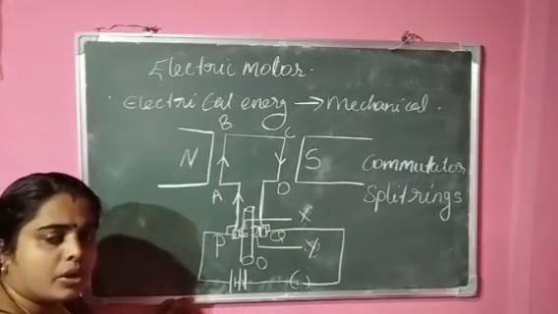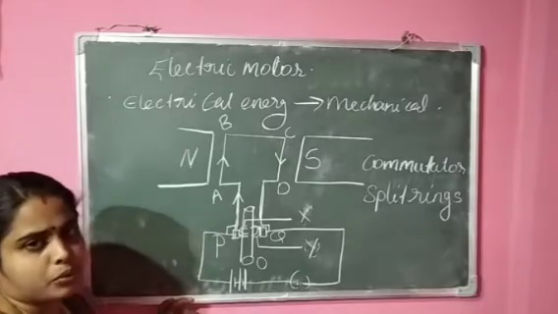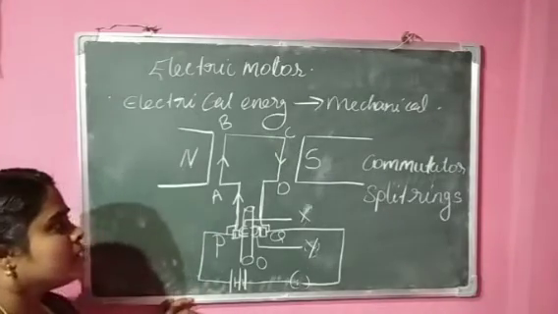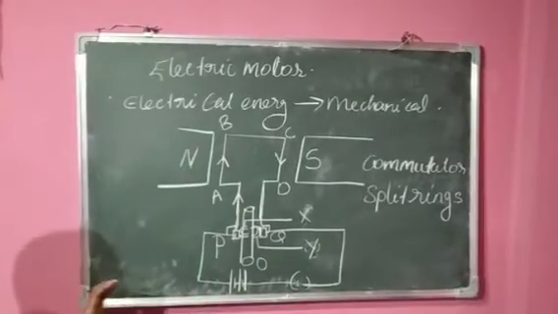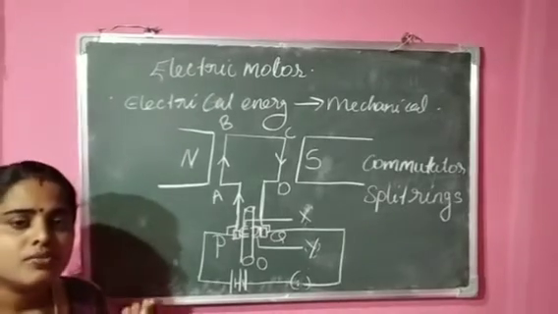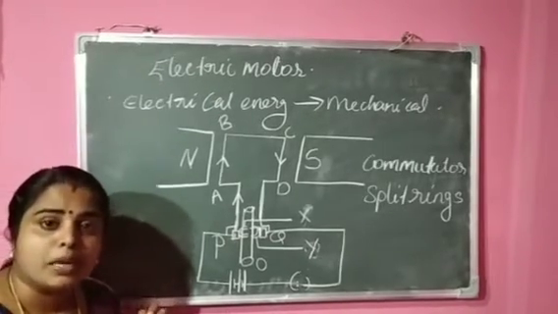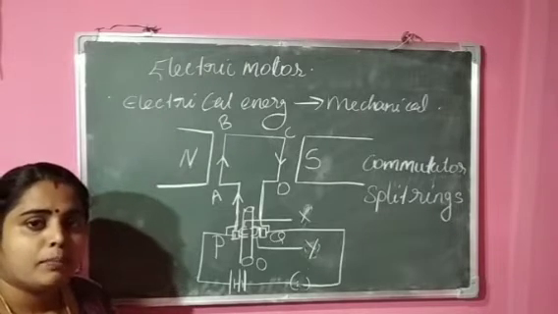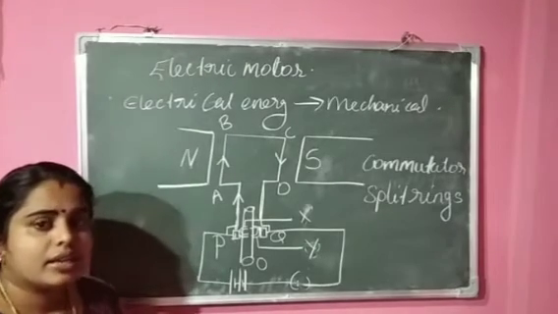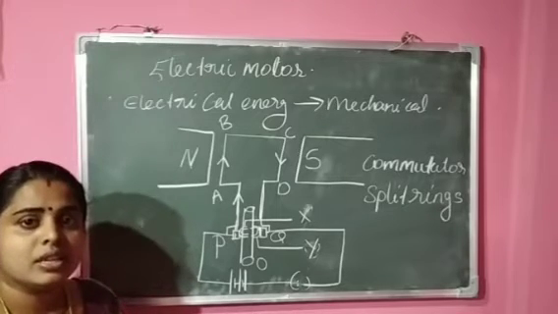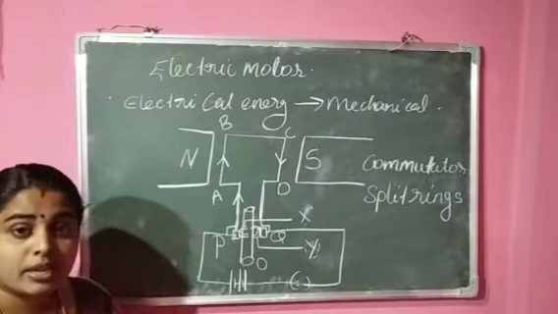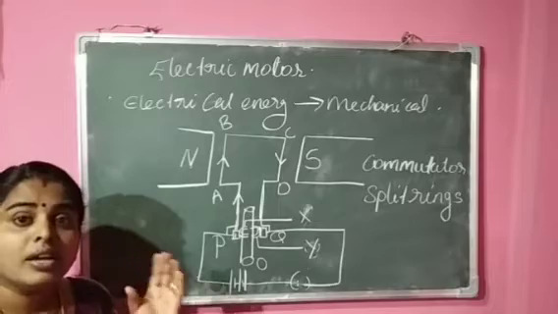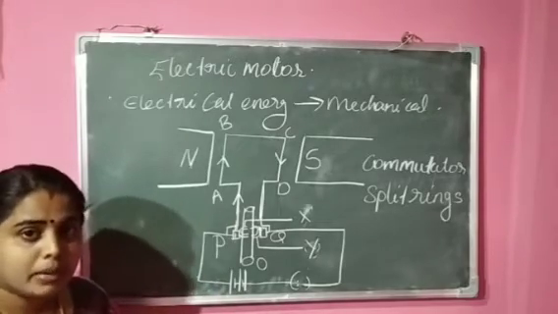This is the working of an electric motor. Okay. So here we have to understand three important things. First one is the working principle. The working principle is when we place a current carrying conductor in a magnetic field, it experiences a force and the force is maximum when the conductor is perpendicular to the magnetic field.